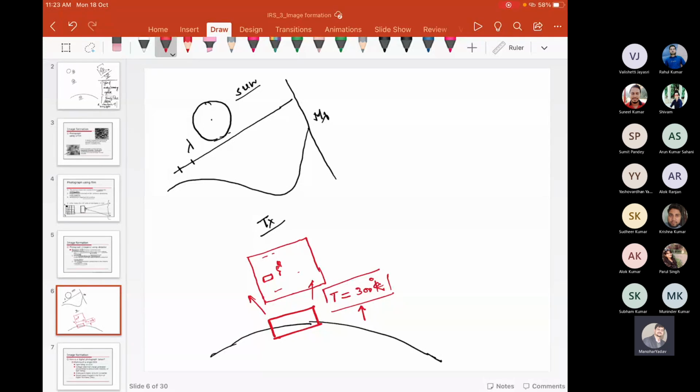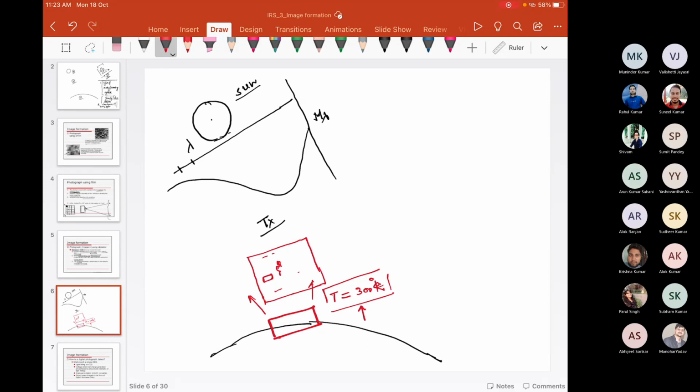So we have two outgoing energy components. Let's say if I consider only one ground resolution cell, we also call it a picture element. So again, I am shifting it over here.